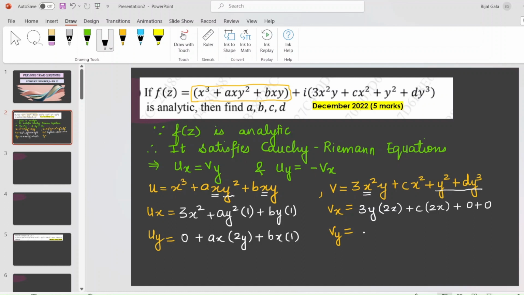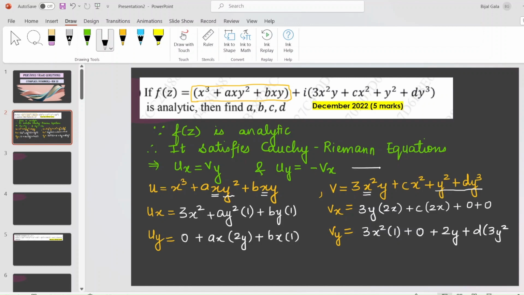In the term of v, 3x squared will be a constant, and the derivative of y is 1. The derivative of cx squared y squared with respect to y is cx squared times 2y, and the derivative of dy cubed is d times 3y squared. We have not simplified, we'll simplify it later.